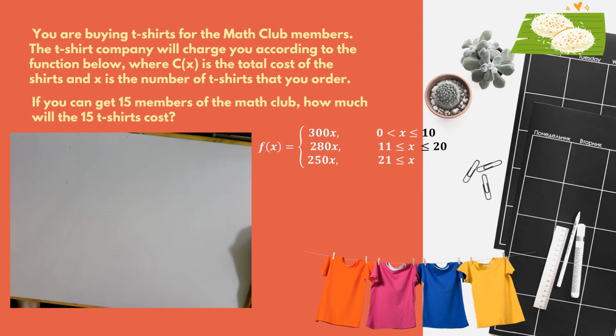So, sa makatuwid, kung 1 to 10 lang ang bilang ng inyong o-orderin na t-shirt, ang presyo ay 300 per t-shirt. Okay? Pero, kung ang o-orderin mo ay 11 pieces to 20 pieces, so may discount na yon, magiging 280 per piece na lang ang presyo.